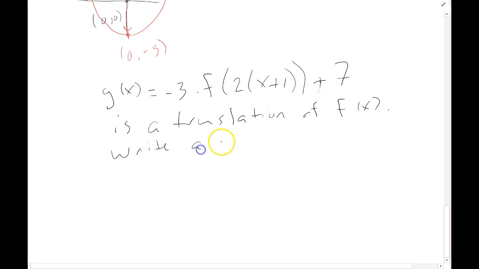Write a description of that transformation.